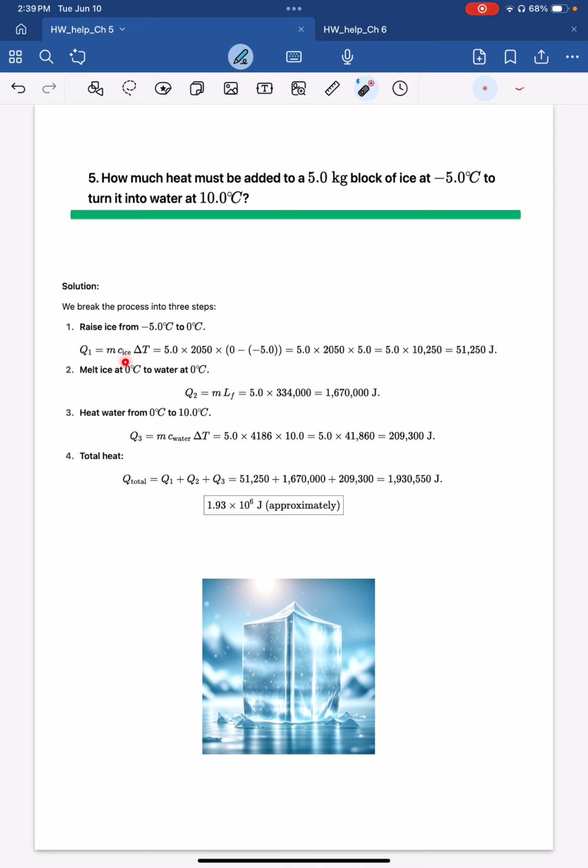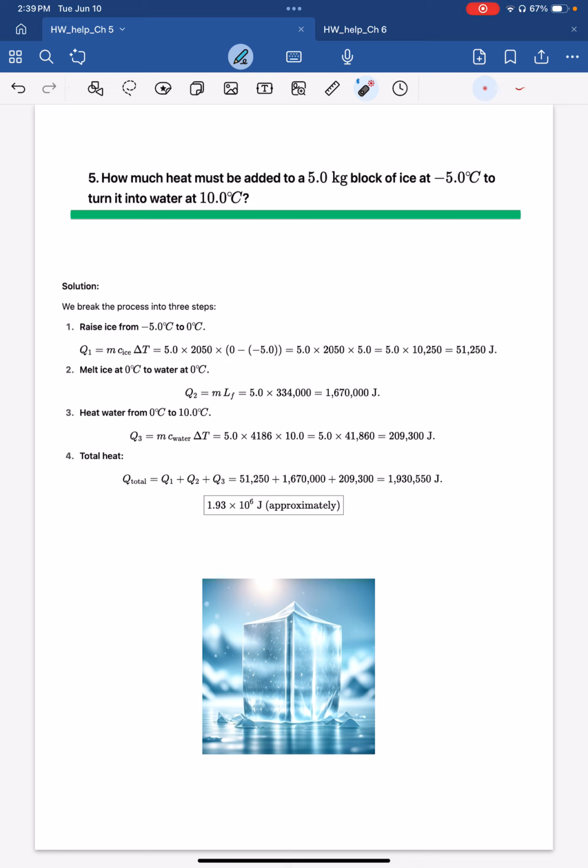Except notice, instead of specific heat of ice, you have the specific heat of water, which is 4186. So mass times that times change in temperature is 10, because it's 10 minus 0, you get this number. So you got those 3 steps now. You got to add up all those 3 numbers to get the total amount of heat required, which you can see is quite a large amount.